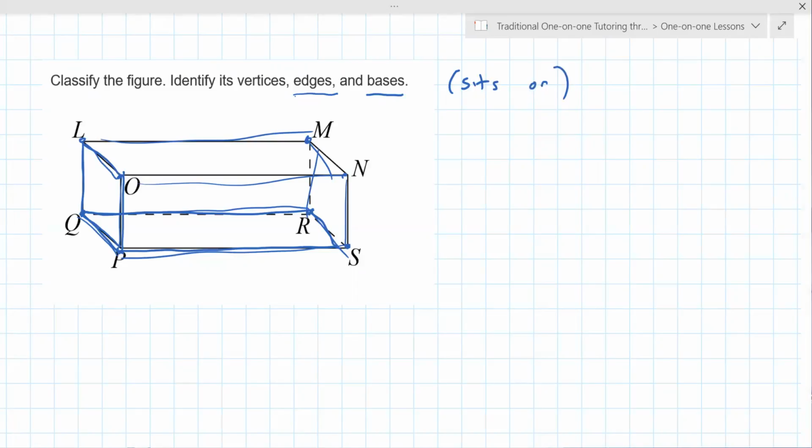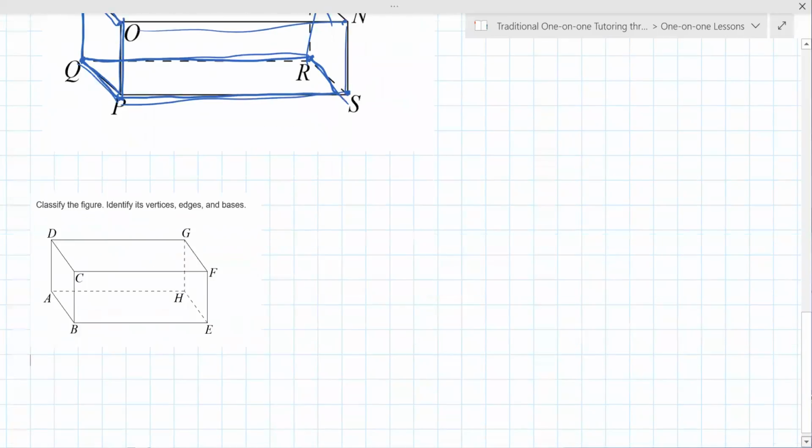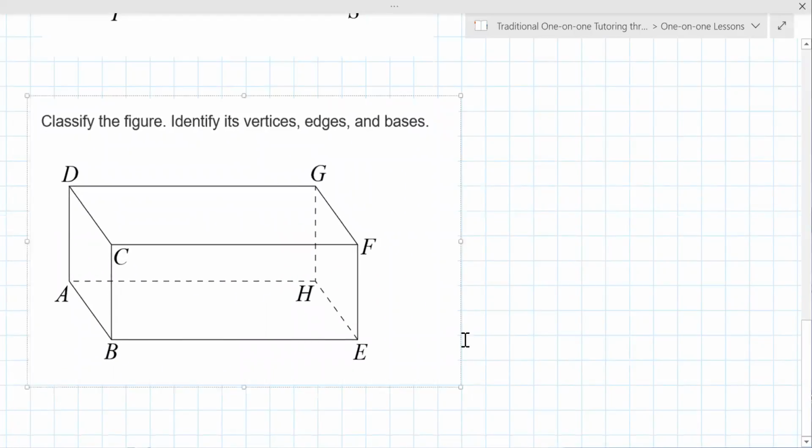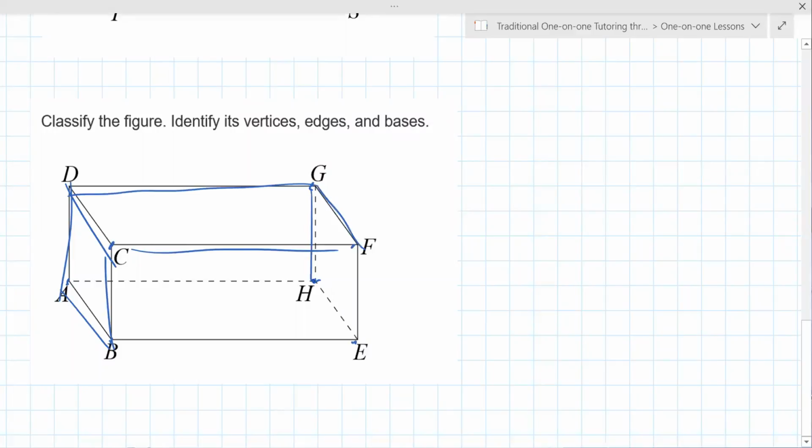Let's look at another one here. It's another prism. Okay. So the vertices are all the points here on the ends. You see that? Yes. The edges are all the lines. They're all over the place.